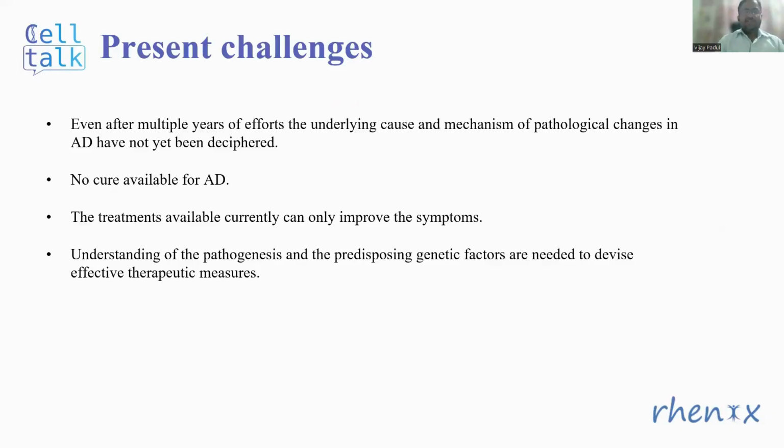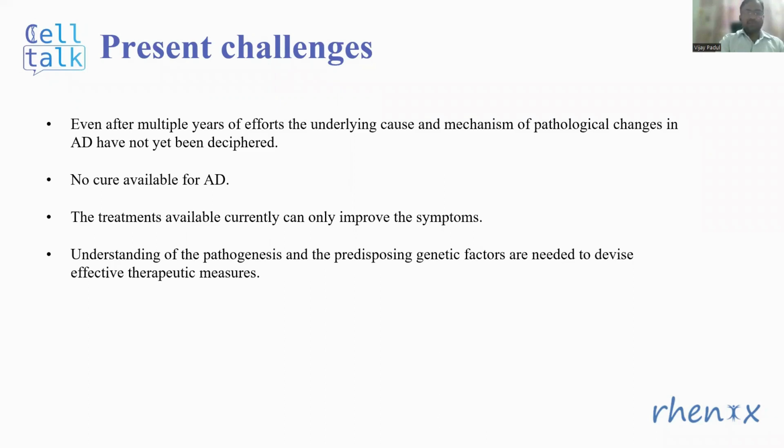The present challenges with respect to the knowledge about Alzheimer's disease include that the exact mechanism of the pathological changes has not been deciphered, in the sense that which genes are implicated, what is actually happening, what changes are associated, and whether there are certain germline variants leading to these mechanistic changes, that is not clear.